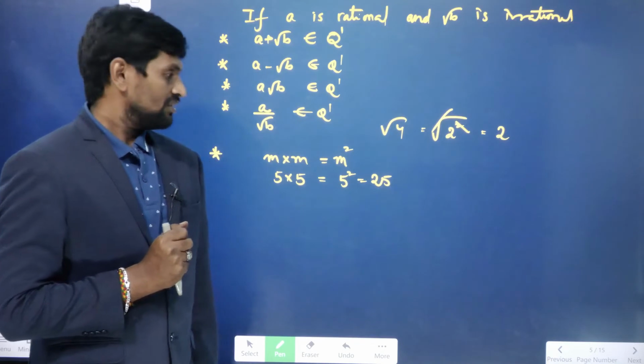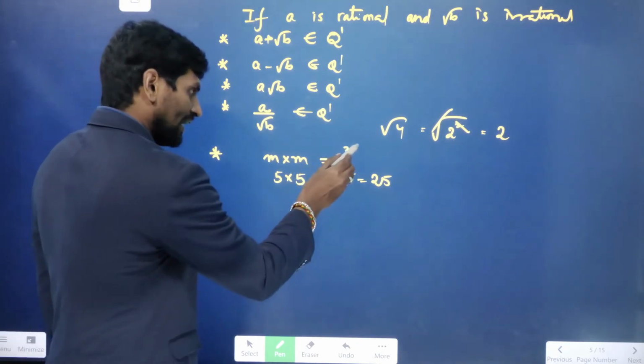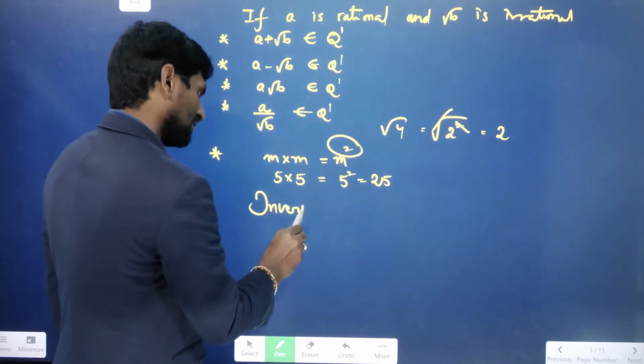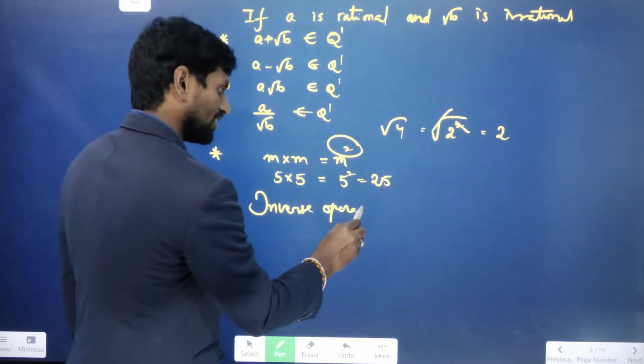Okay? Same way, the inverse operation of square is square root.